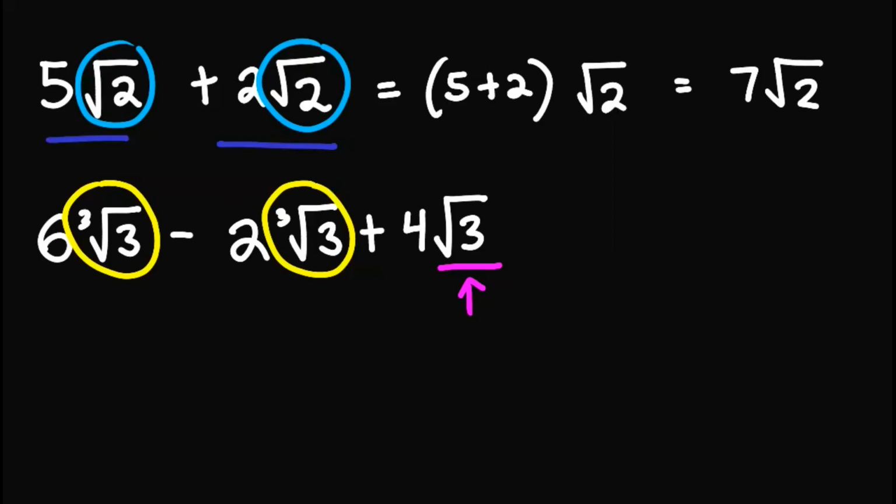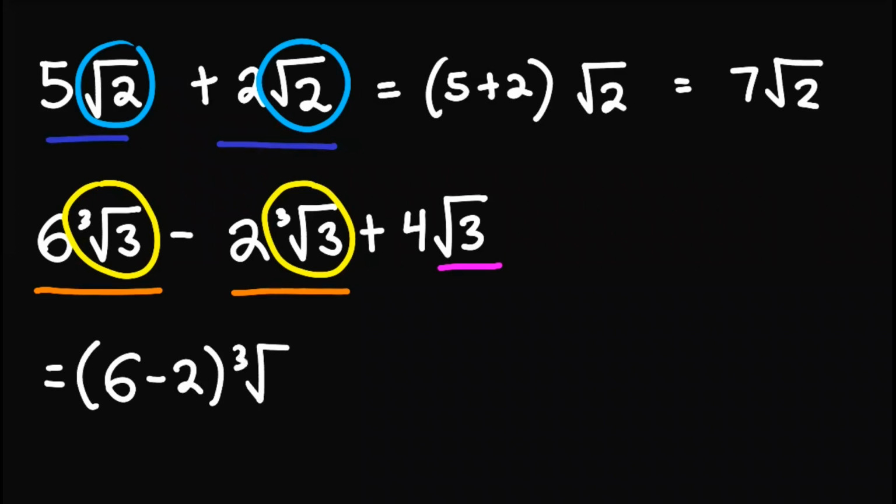So we only add or subtract these two out here. So this one will be equal to 6 minus 2 cube root of 3, and for this one, we simply copy it up, plus 4 square root of 3.